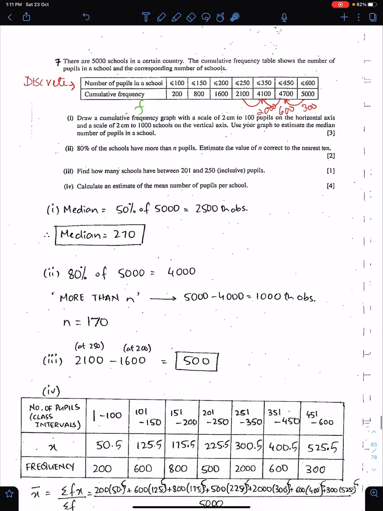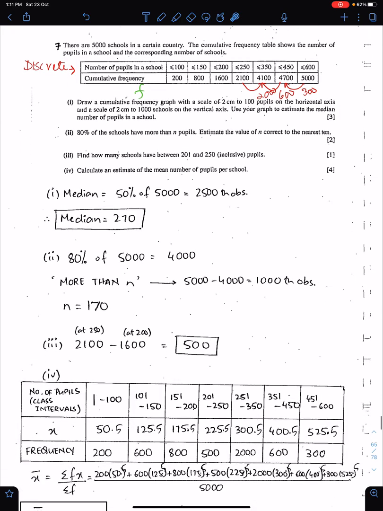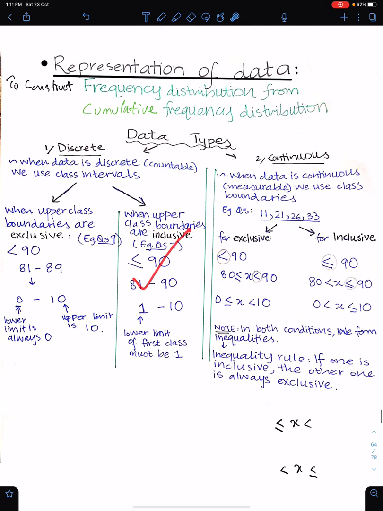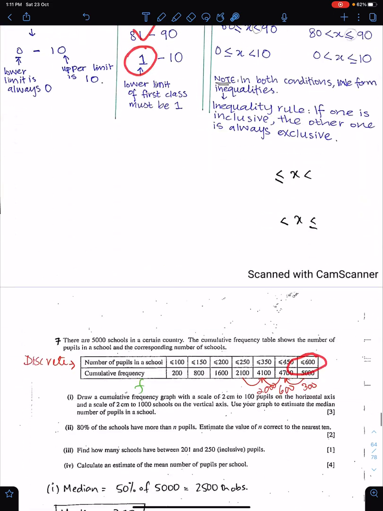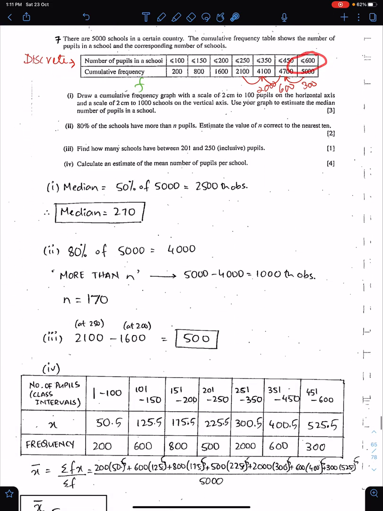Now example questions. This data is discrete, number of pupils, and we have inclusive data. So we will use this format. We must have 1 as the lower limit of the first class. This 600 is inclusive. This 450 is inclusive.